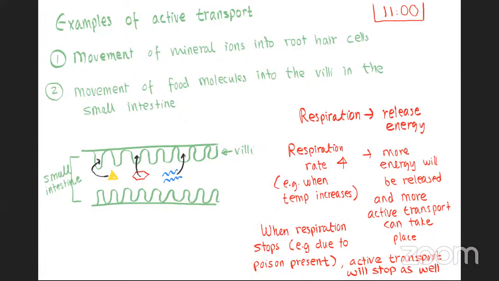In osmosis, water molecules move from high water potential to low water potential, down the water potential gradient. In active transport, the molecules and ions move from low concentration to high concentration, against the concentration gradient.